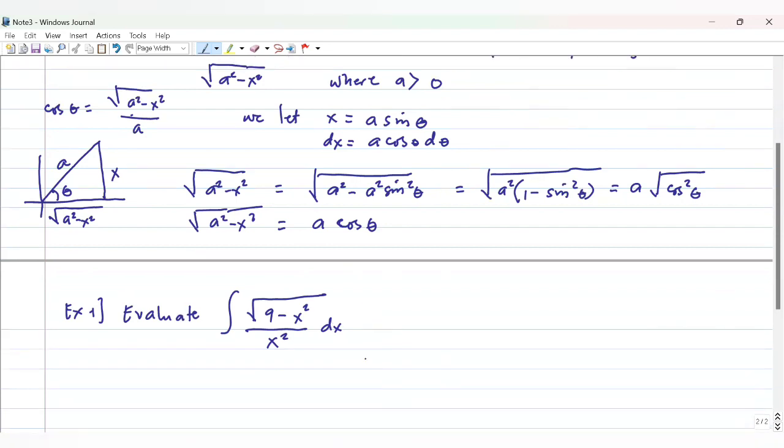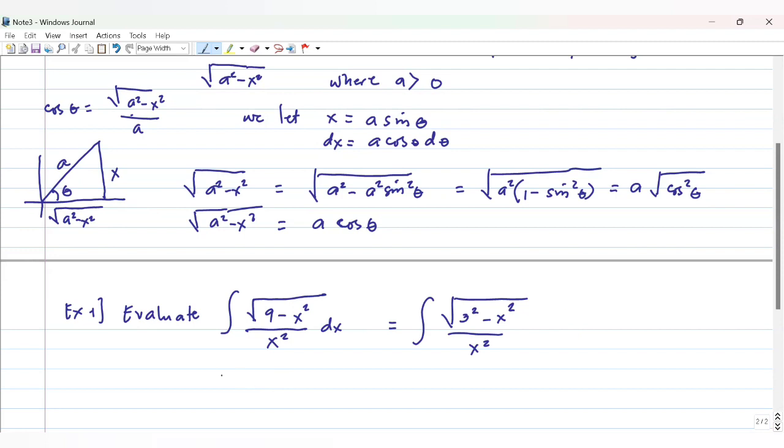So this is in the form a squared minus x squared, right? Our a squared is 9, so the square root of 9 is 3. So it will be like 3 squared minus x squared over x squared. So our a is 3.